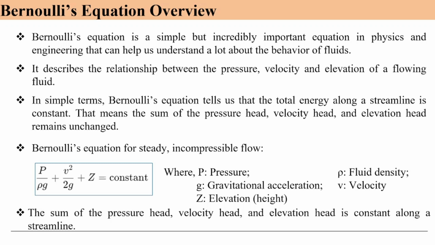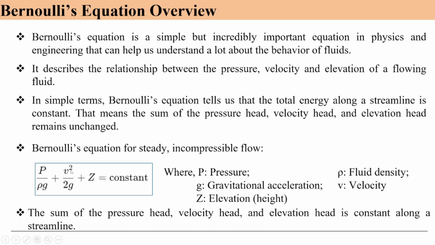It can be expressed mathematically as P by rho g plus V square by 2g plus Z, that summation of pressure head, velocity head, and potential head will be constant.